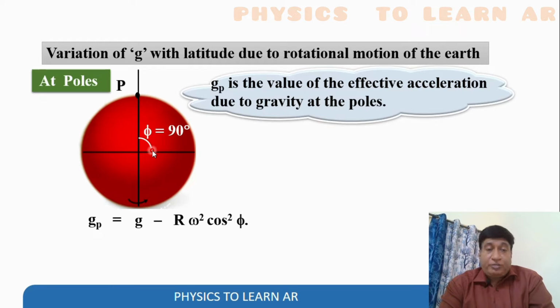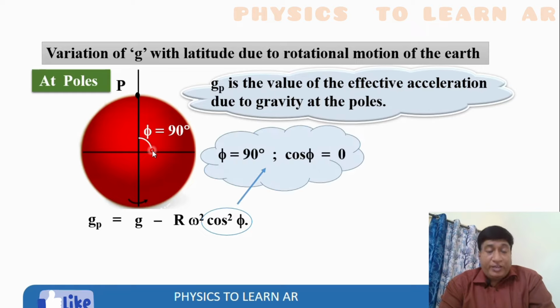So gp is equal to g minus r omega square cos phi, which you are going to get. This phi value is nothing but 90 degrees. What is the value of cos 90? Cos 90 is nothing but 0. By substituting that, r omega square into 0 will be 0.